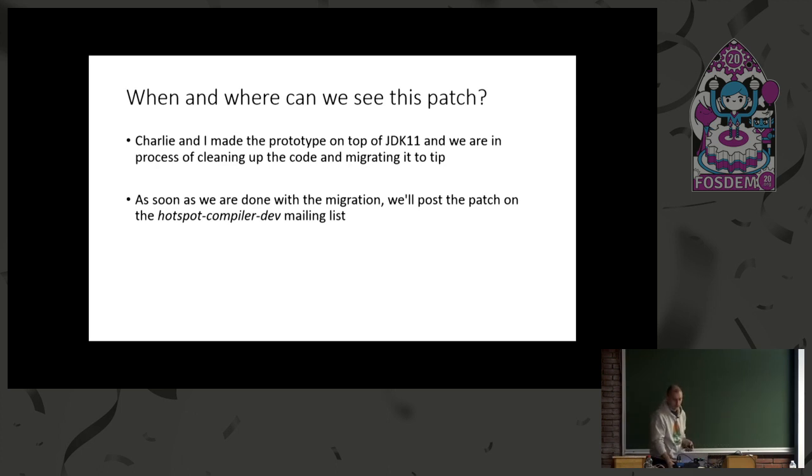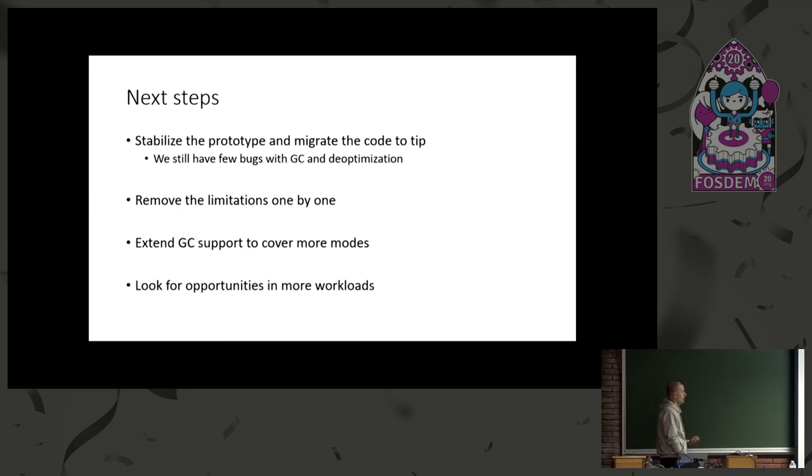That's the plan. So our next steps from our perspective are that we have to stabilize the prototype and clean it up. We still have a few crashes. We haven't looked at every one of those methods or benchmarks we couldn't run because there were issues. We started working on removing the limitations one by one. Stack allocated would probably be my first pick.